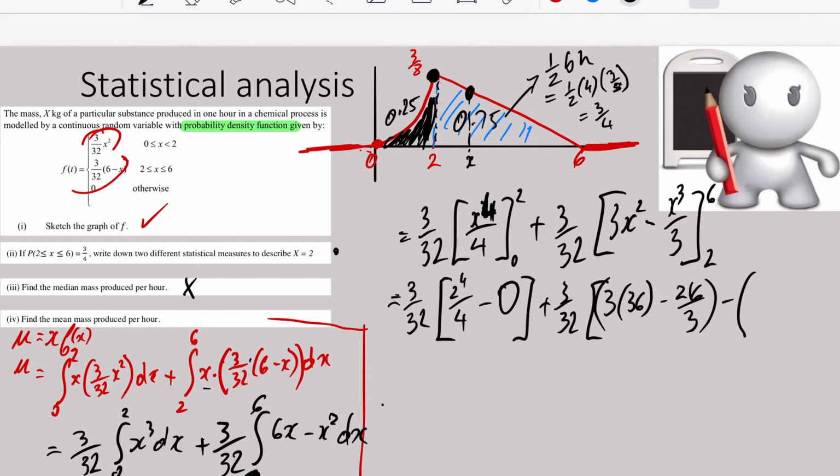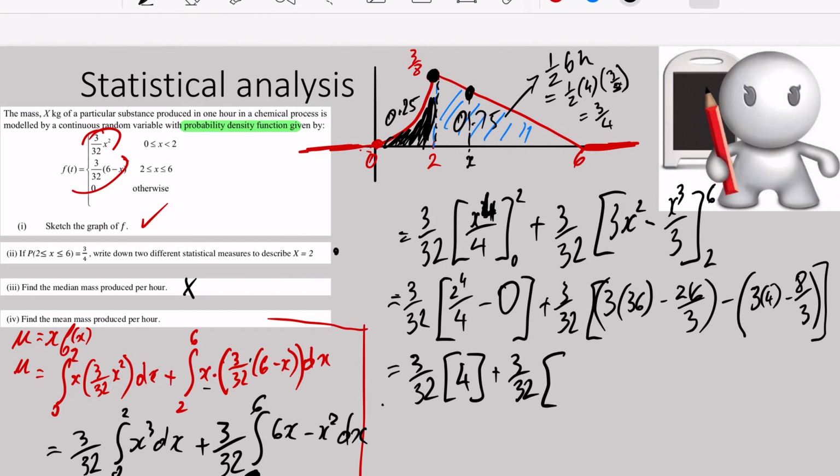Minus 3 multiplied by 2 squared, that's 3 times 4, okay, minus 8 on 3. Okay, 3 on 32 outside of 16 divided by 4 is 4. Okay, plus 3 on 32. And then over here, when you put all of that into your calculator, it's going to be 80 on 3.